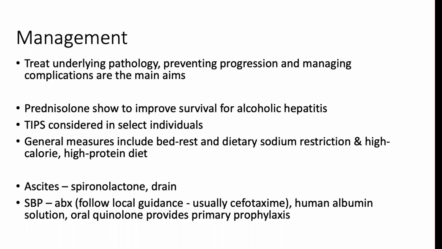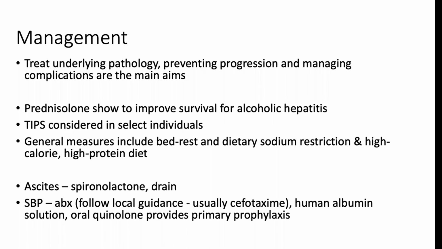A TIPS should be considered in select individuals. TIPS stands for transjugular intrahepatic portosystemic shunt, which I know is quite a mouthful to say, but this is effectively anastomosing the portal vein with a hepatic vein to relieve portal hypertension. So it bypasses the metabolism in the liver and relieves the pressure.